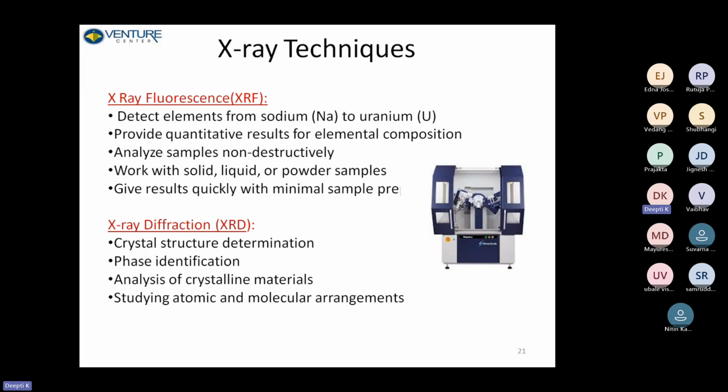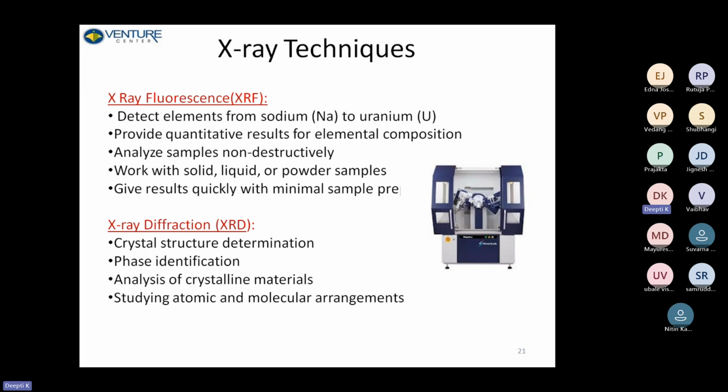It is not a technique of choice for qualitative or quantitative identification, as well as estimation, of elements in a sample. It is more of use when we want to identify how a particular element has been arranged structurally within that sample.